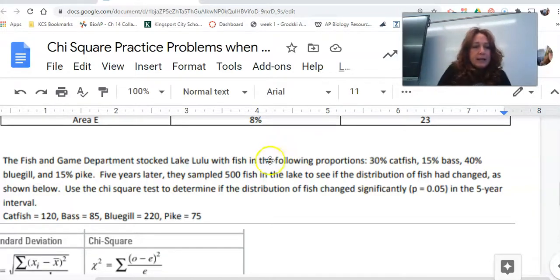So way down here, they're telling you what they found. They didn't put it in a table. They just told you, here's what we caught. So I'm going to set that up.